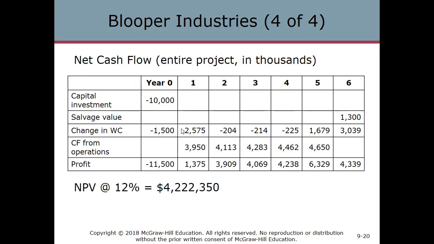So for year 0, that's as is, because that is our initial investment or outflow. For year 1, that would be 1,375 multiplied by the quantity 1.12 to the power of negative 1. For year 2, that's actually our 3,909 net cash flow multiplied by the quantity 1.12 to the power of negative 2, and so on and so forth. And if we get the sum, that would be the net present value.